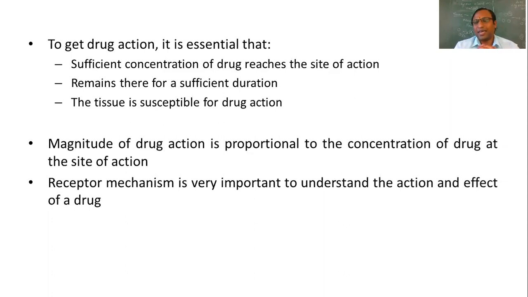So the receptor mechanism is very important to understand the action and effect of a drug. The receptor, as I said, plays a very vital role for the action as well as the effect of the drug.